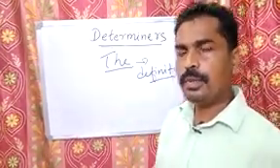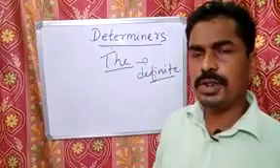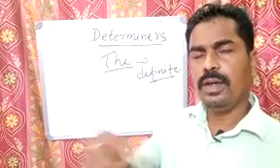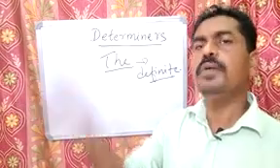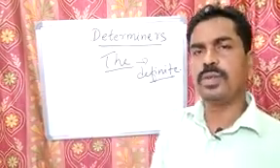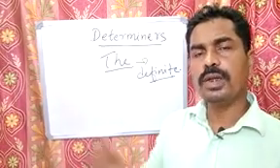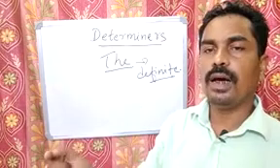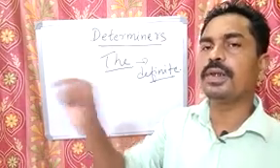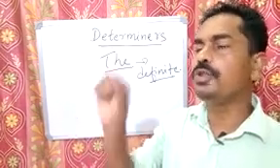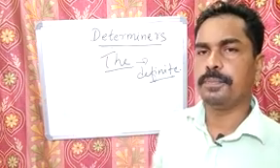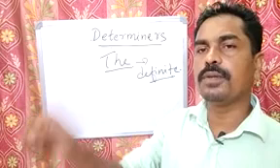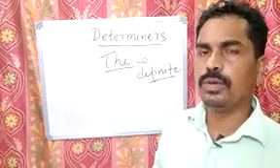Suppose I use the indefinite article a, like a king, that means among many kings I'm talking about any one king. If I say a school, among many schools I'm talking about any one school. But when I say the king, I'm talking about a particular king. When I say the school, I'm talking particularly about one school.